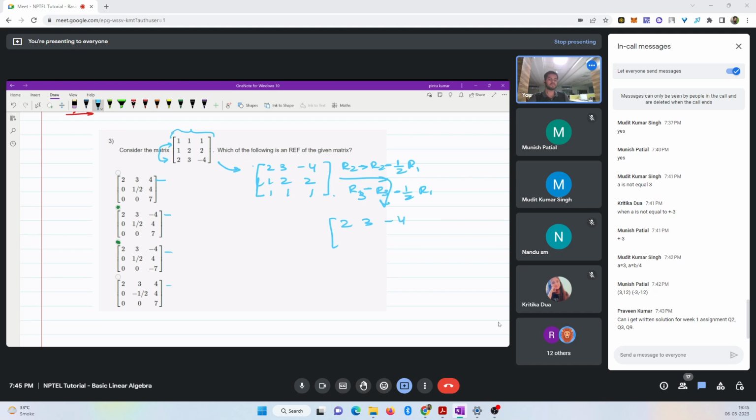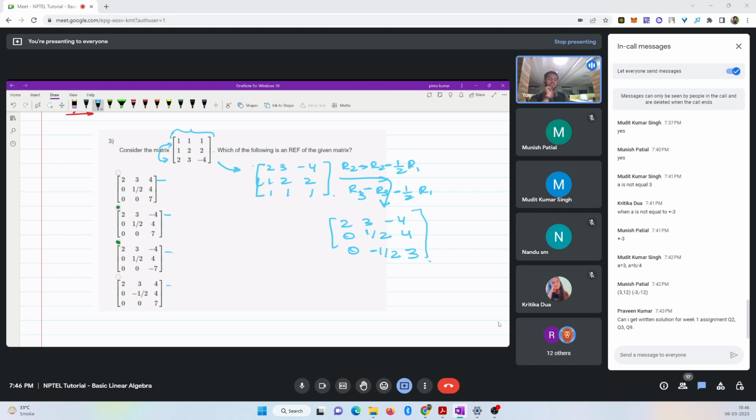This is 0, this is 3 by 2 minus 2, this is half. For this one, you are subtracting minus 2, so this becomes 4. You get 0 over here, you get minus 1 by 2 over here, and I think you will get 3 over here.